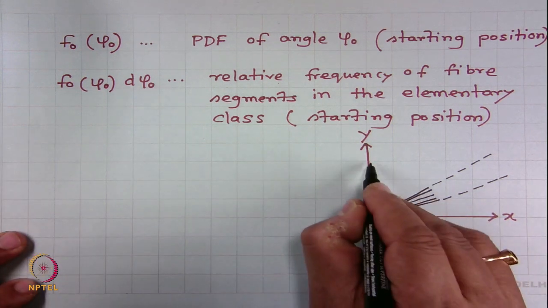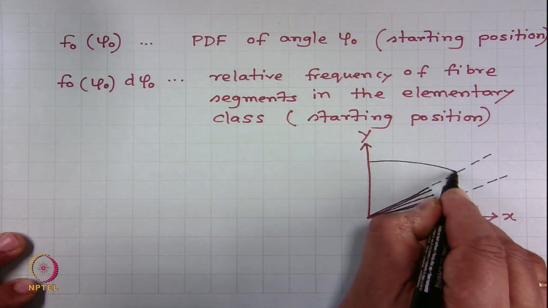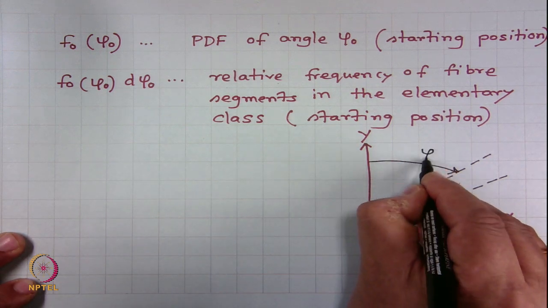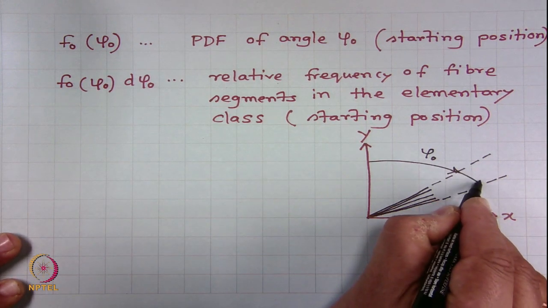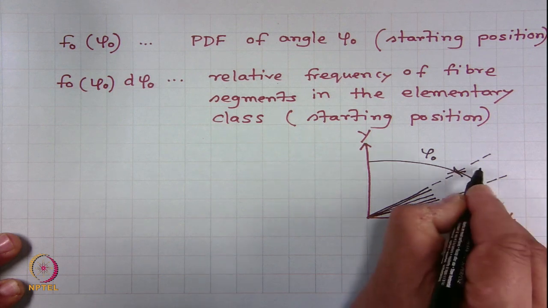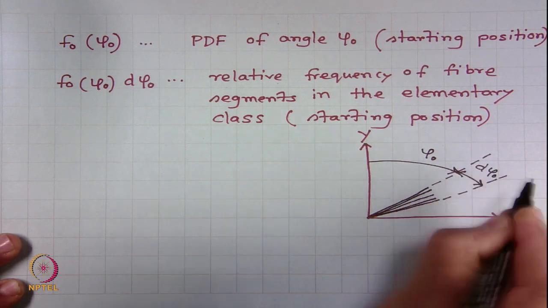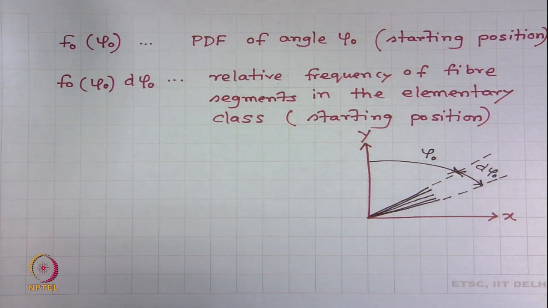So, this angle is your psi naught and this width is d psi naught, right.